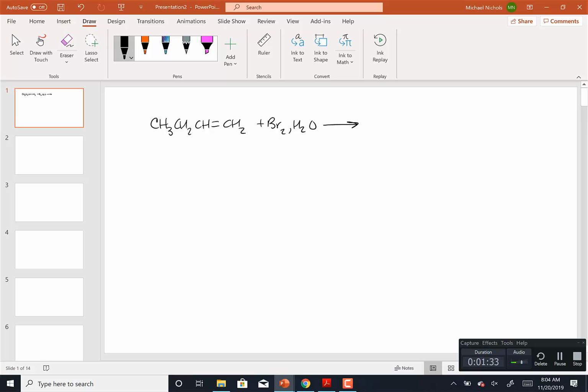So what am I adding with a Br2 and an H2O? What two things am I adding? A Br and an OH. Markovnikov or anti-Markovnikov?